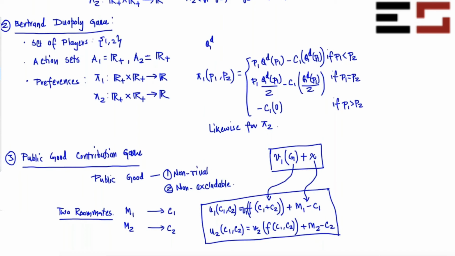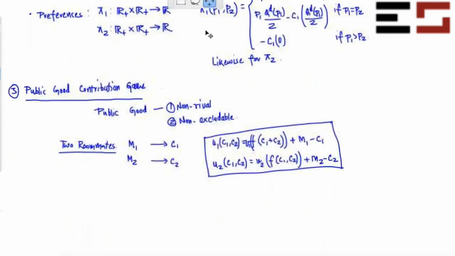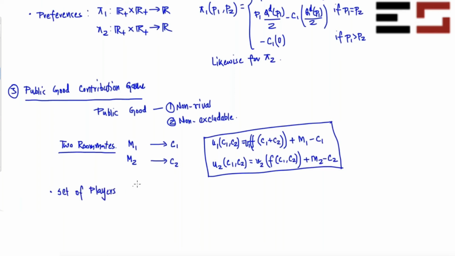Okay, so now we are in a position to describe this game, where there are two players and they are going to contribute for the public good. Again, the game consists of a set of players. In this case, the players are these two players who are going to contribute to the public good.